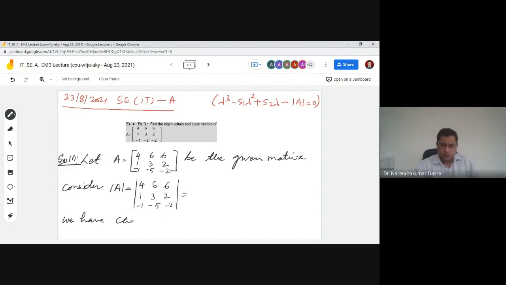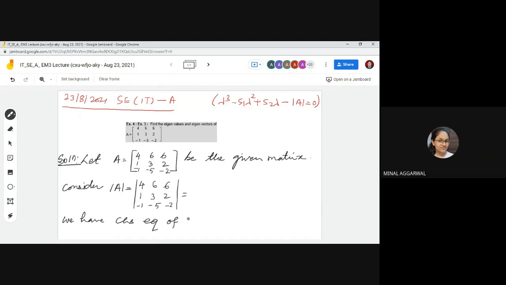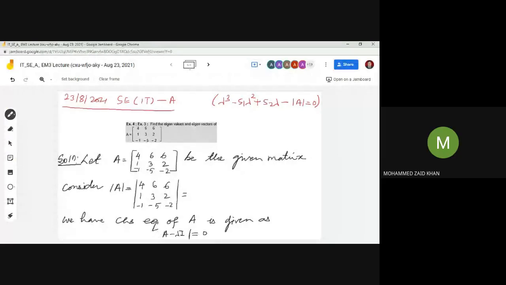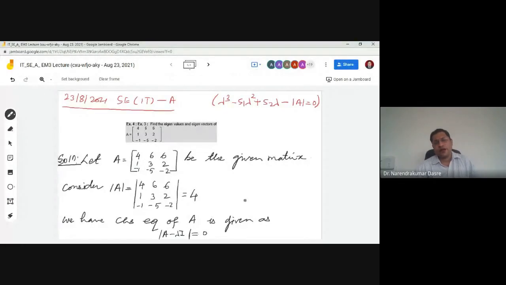Sir, the value is coming out to be 4. Okay, what about others? Please verify. Please calculate the value and get it. Okay, fine. So we got the value of the determinant is going to be 4.